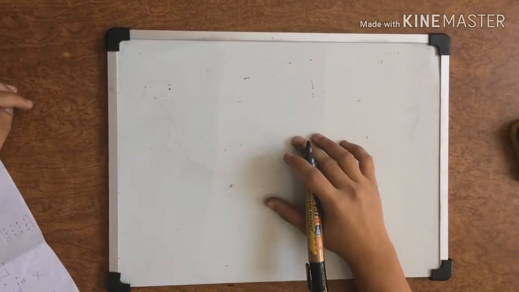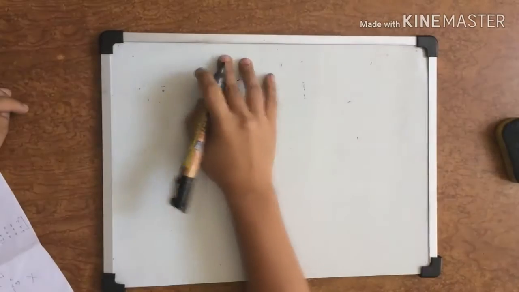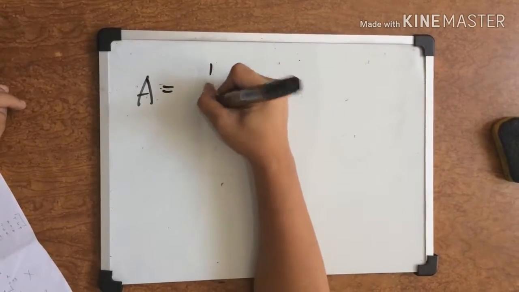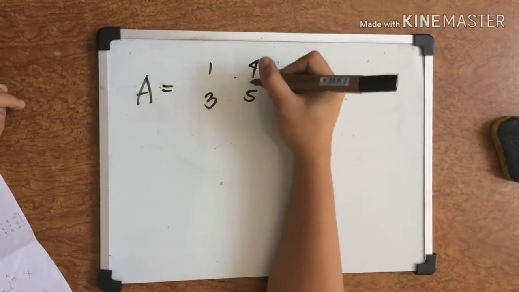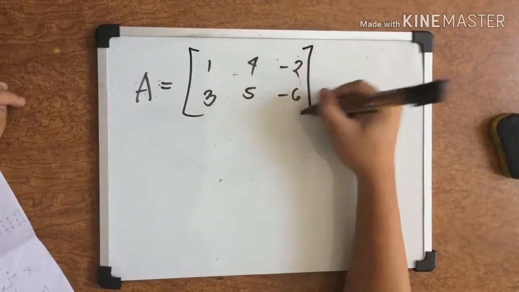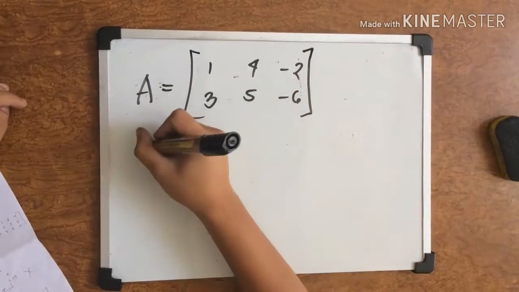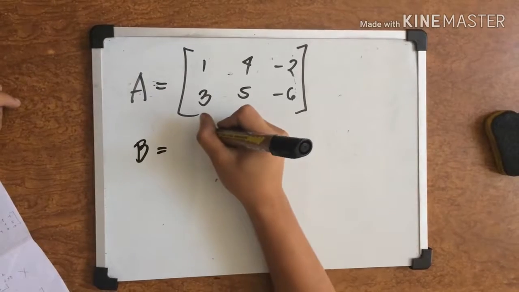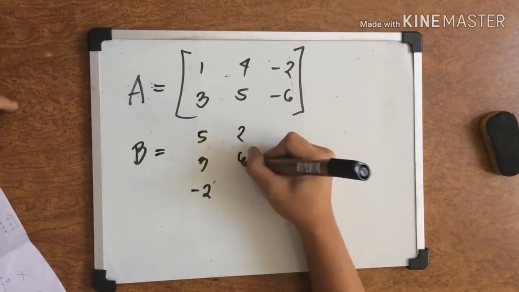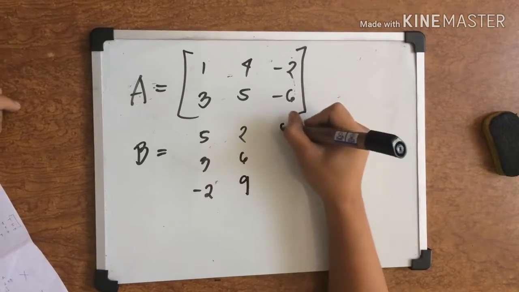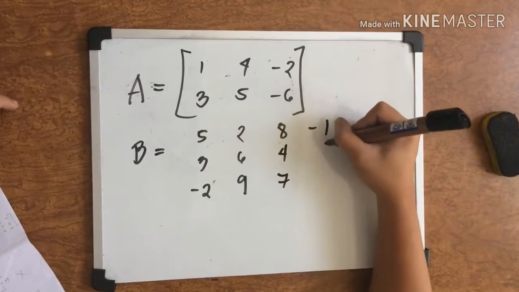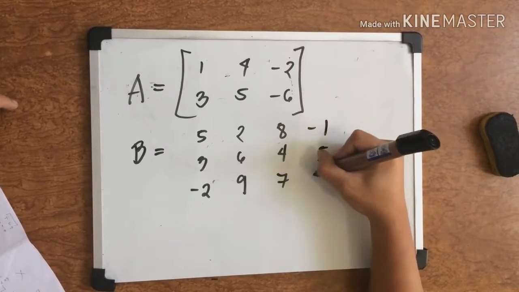Now let us go ahead to our final example. So for example, we have A, which is equal to 1, 4, negative 2, 3, 5, and negative 6, which is to be multiplied to B, which is equal to 5, 2, 8, negative 1, 3, 6, 4, 5, negative 2, 9, 7, and negative 3.